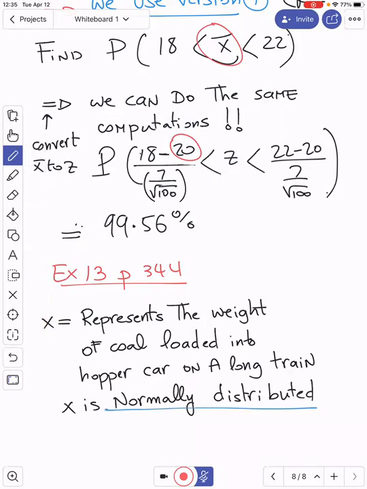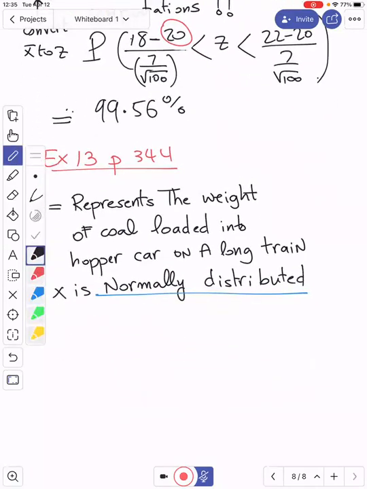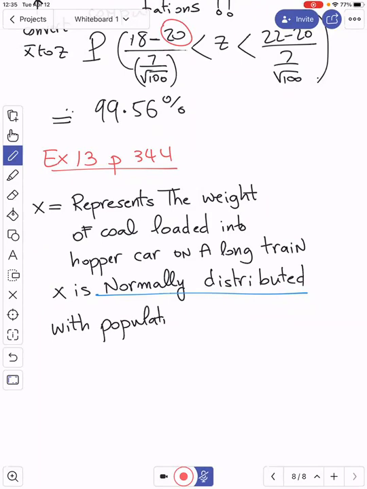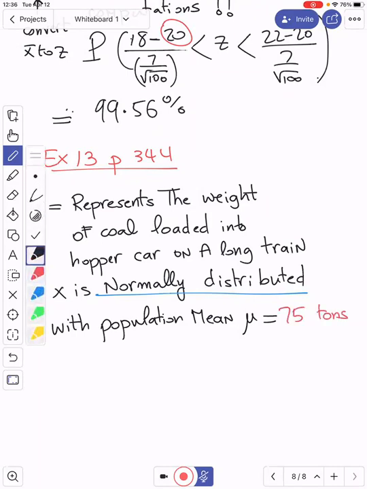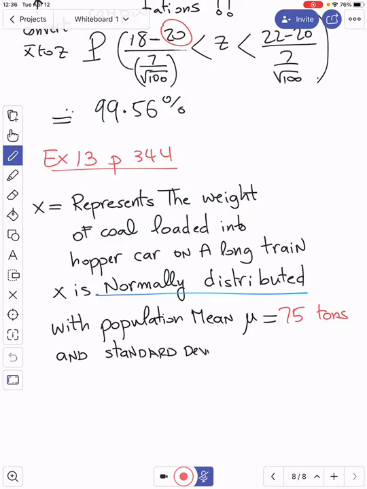All right, now the questions. A, with population mean mu equals 75 tons and standard deviation sigma equal to 0.8 tons.